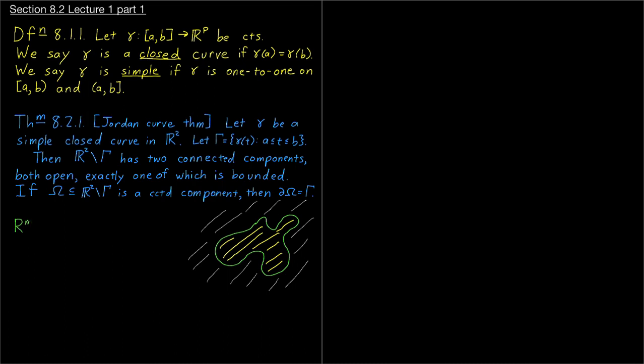One of the reasons it's hard to prove is that this is not true in R^3. In three-dimensional space, a curve doesn't divide R^3 into two components. There's still just one component; you can get all around the curve.